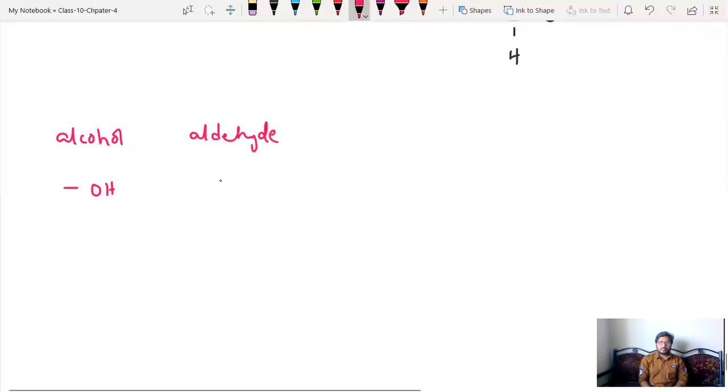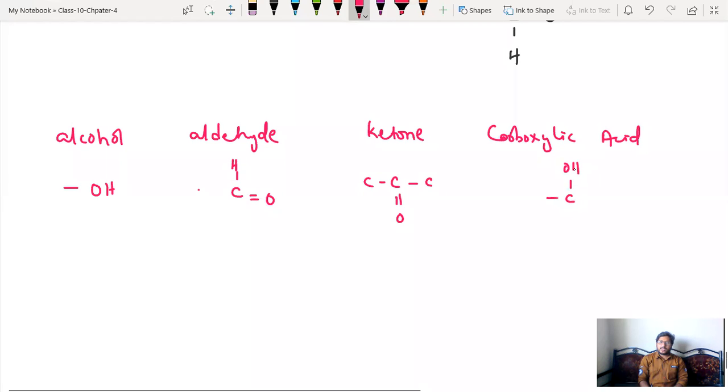Aldehyde, carbon, bond H, double bond O. If it is ketone, carbon with double bond O, and definitely there should be carbons on either side. Carboxylic acid, carbon, single bond OH, double bond O.